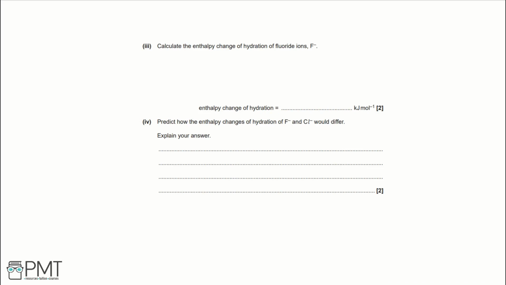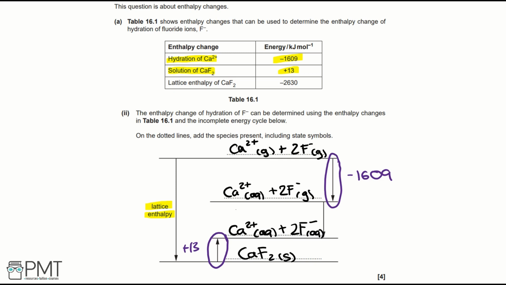Part 3. Calculate the enthalpy change of hydration of fluoride ions, F-. For part 3, we need to look at part 2 again. So here's part 2, and we've almost filled in all the values we're given in the data table and their corresponding arrows. The final one is the lattice enthalpy, which is -2630. So if we just fill that in our energy cycle.